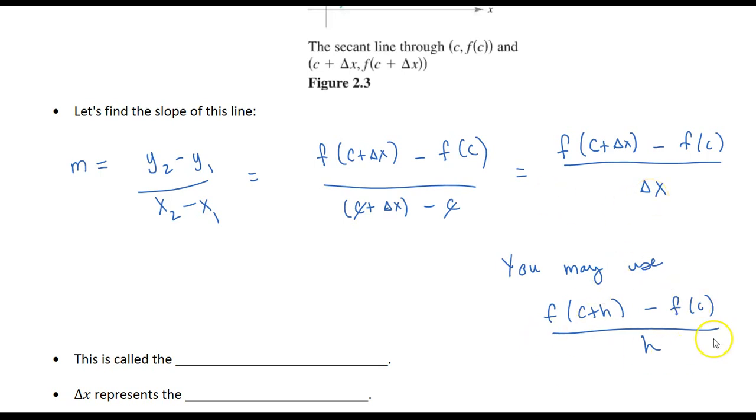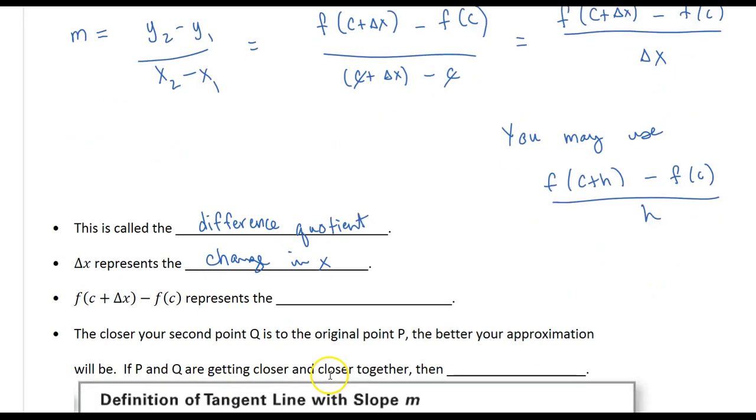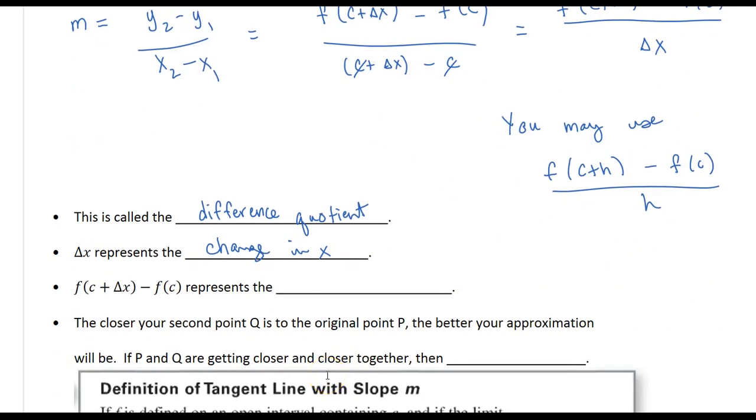This is what we call the difference quotient, if you learned this in pre-calc. Delta x represents the change in x, and f of c plus delta x minus f of c represents the change in y, which you may see called delta y in some cases.